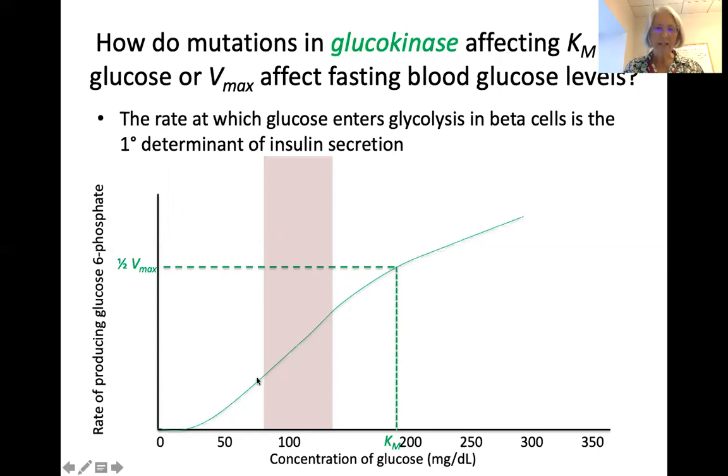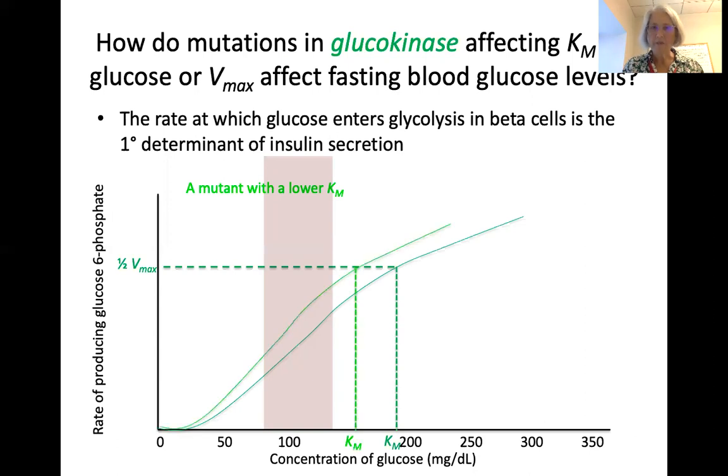So I've highlighted a physiologically relevant range of healthy blood glucose shown in pink here. And we see the rate of the reaction increases dramatically over this range for wild type or normal glucokinase. So what happens if somebody has a mutant that lowers the Km of glucokinase for glucose?